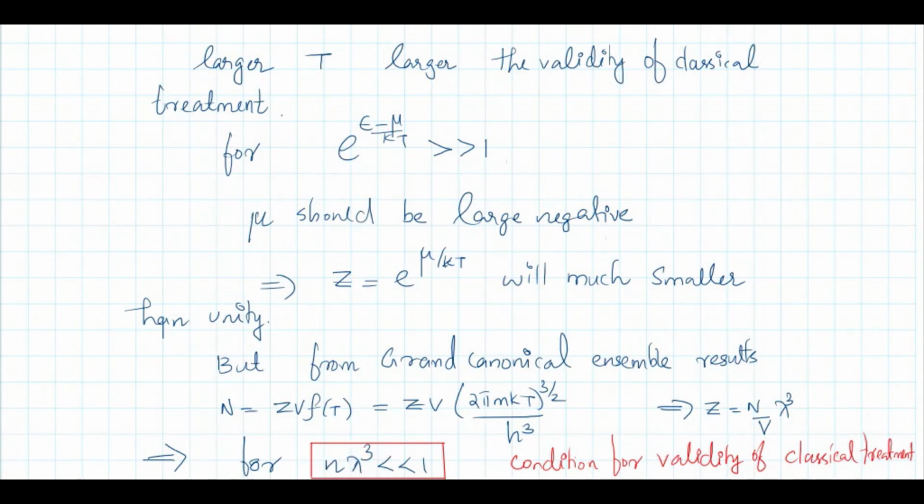And that is the condition for validity of classical treatment. For getting the correct results using classical assumptions, the number density of the system should be very low and the temperature should be very high. Otherwise, we have to use the quantum mechanical results. So this is the criterion for the validity of classical treatment: n lambda cube should be very much less than 1. Okay, thank you.